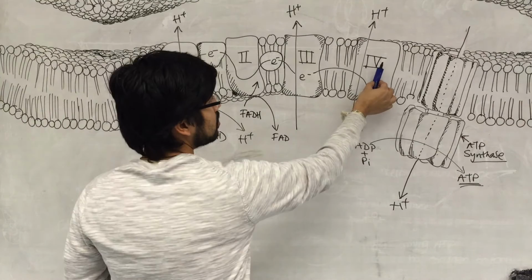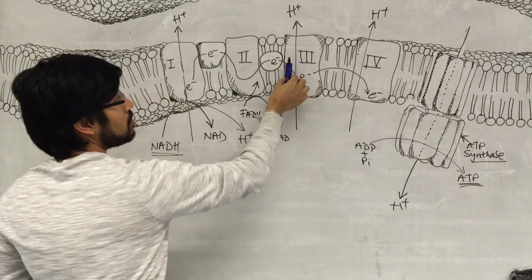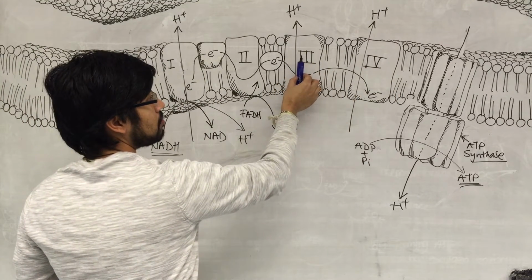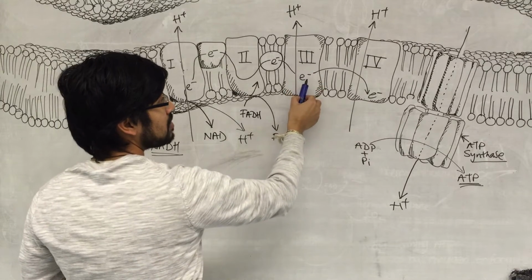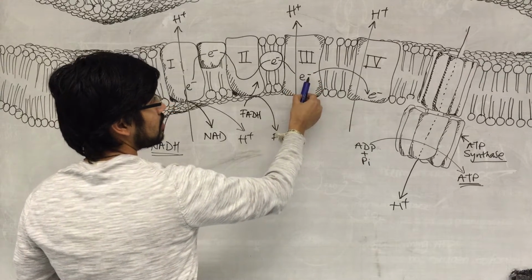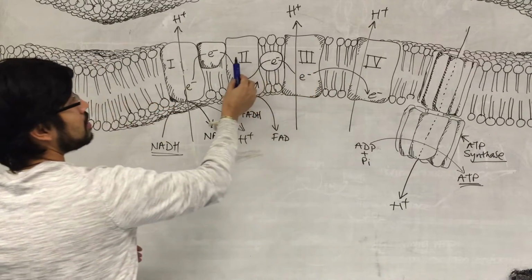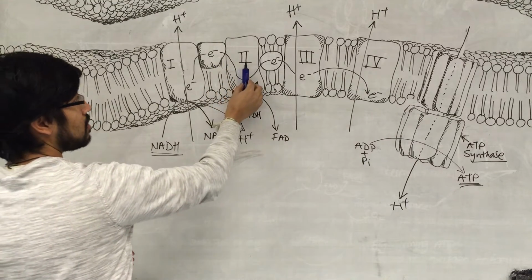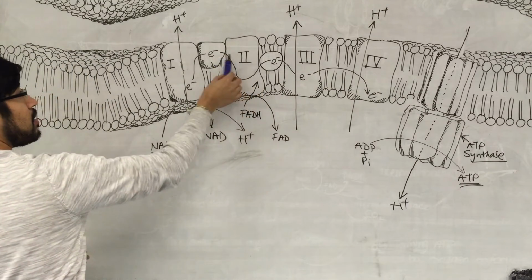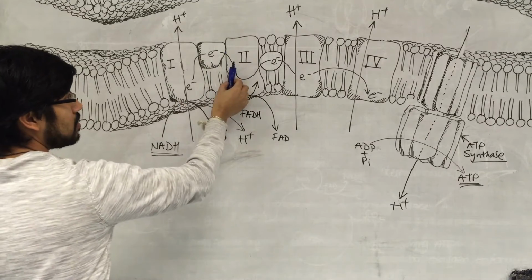So if an electron is occupying this space, it will then be occupied by this electron. And if this electron is being occupied here, then an electron will get stuck here. And if an electron is stuck here, then this one can't get rid of its electron.